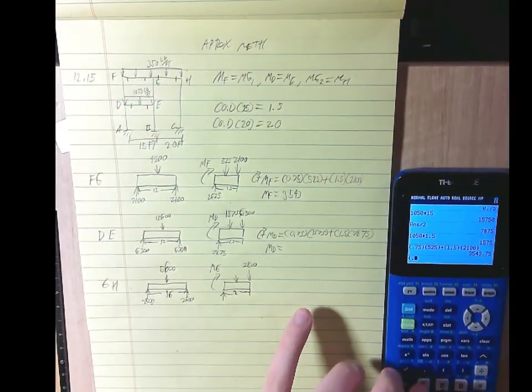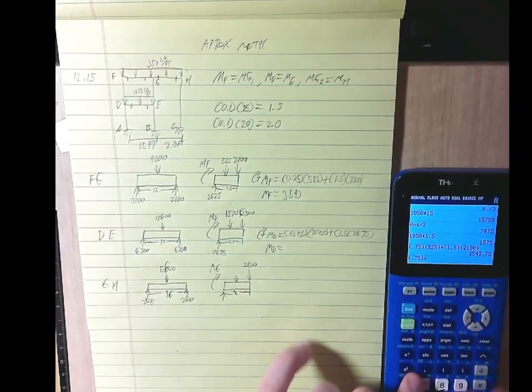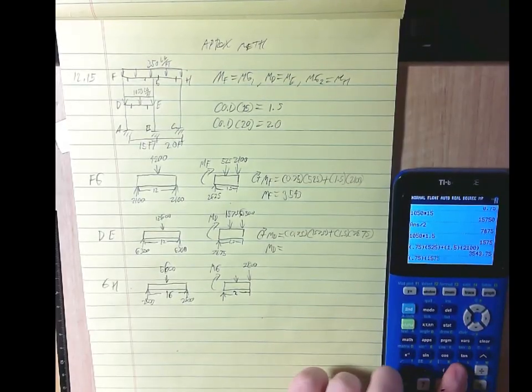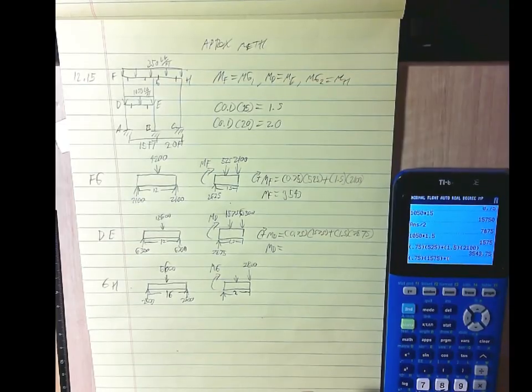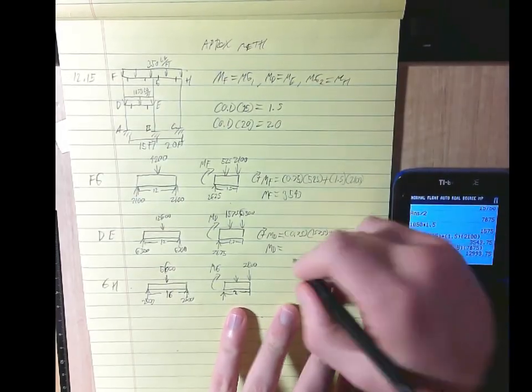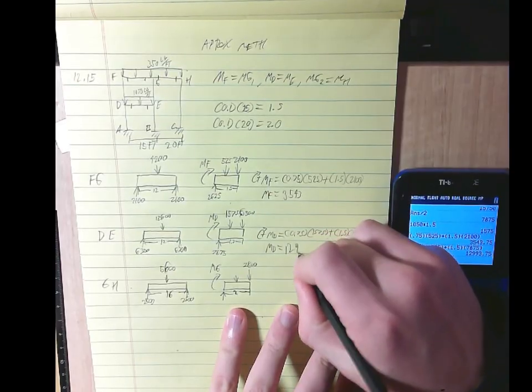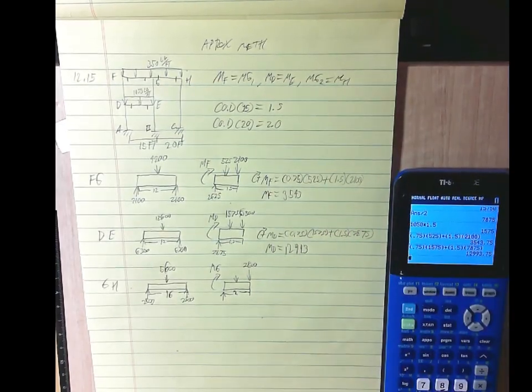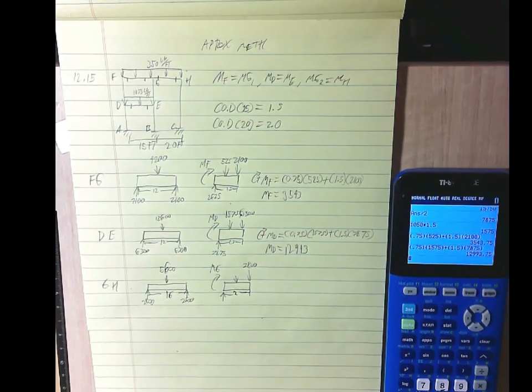And this one's going to be 0.75 times 1575 plus 1.5 times 7875, which is going to be 12993. These are really, really not great numbers. Not amazing numbers at all.